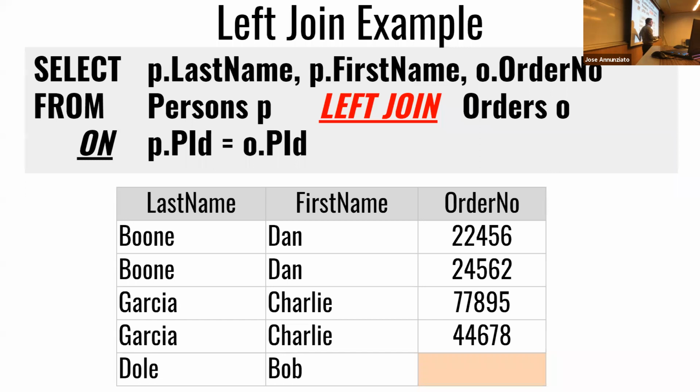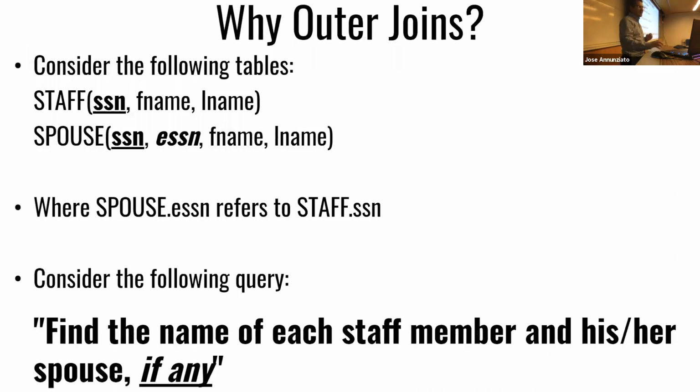Garcia didn't make any orders. Well, I'm bringing Garcia anyway. And there is my result. Notice that I have no order because there is no equivalent order on the table. One might say, well, why would I want that? This is going somewhere. And there's a crescendo.